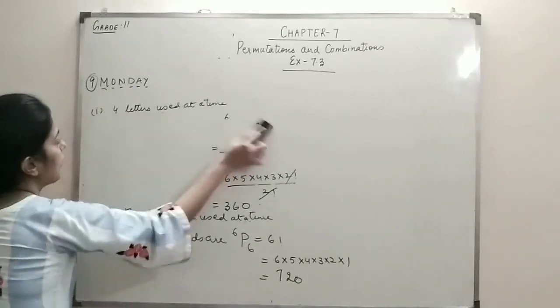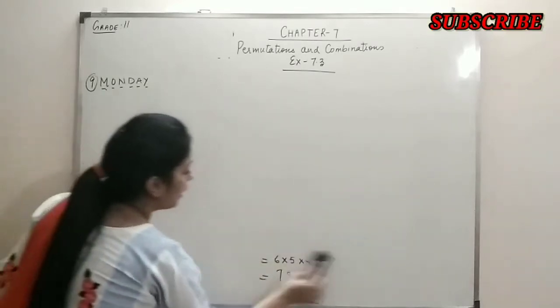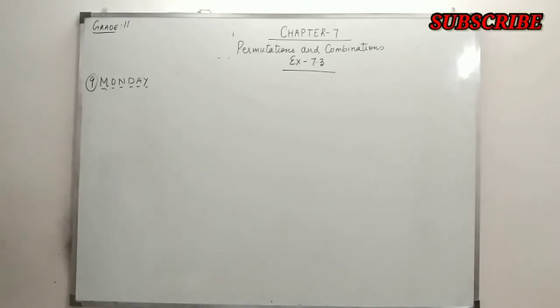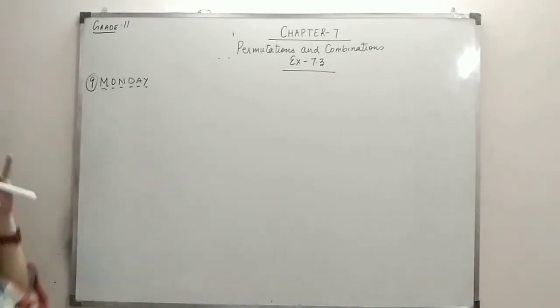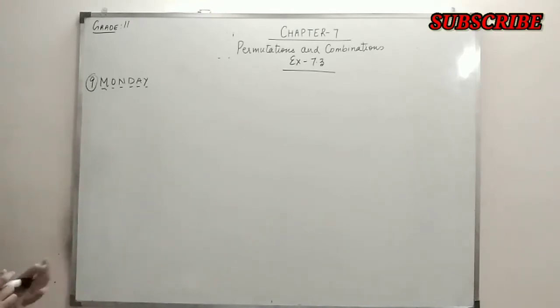But one more part is there in the question now. There is a third part of this question, where they are saying that all the letters are used, but there is a condition that the first letter is a vowel only, right?